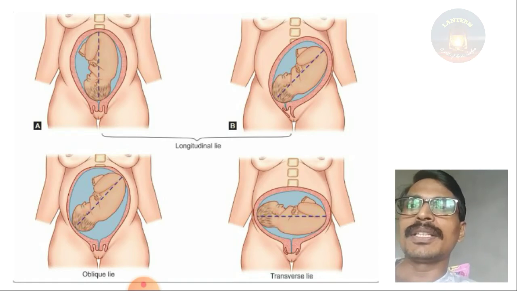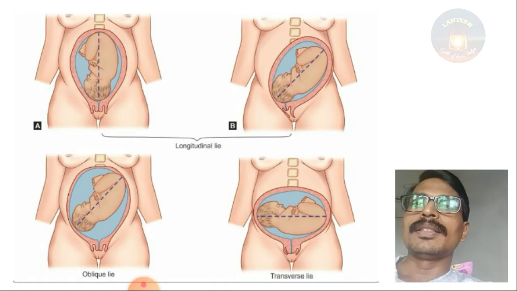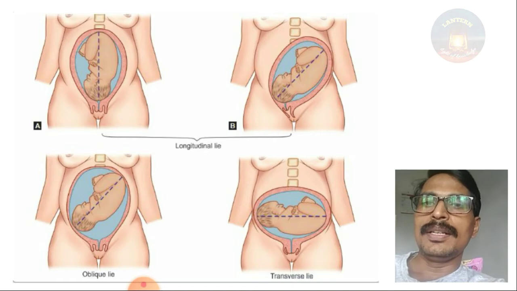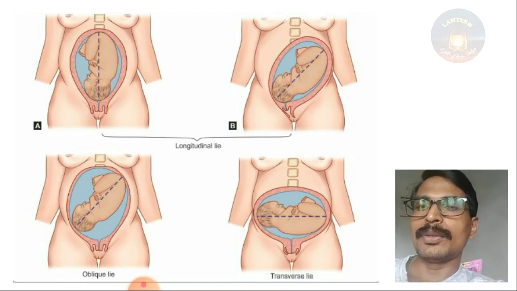In the other picture you can see the uterus is slightly deviated from the longitudinal spine line, and in the same axis of the uterus lies the fetus in B. Both are longitudinal because the axis of the uterus as well as the axis of the fetus are the same. So longitudinal lie.